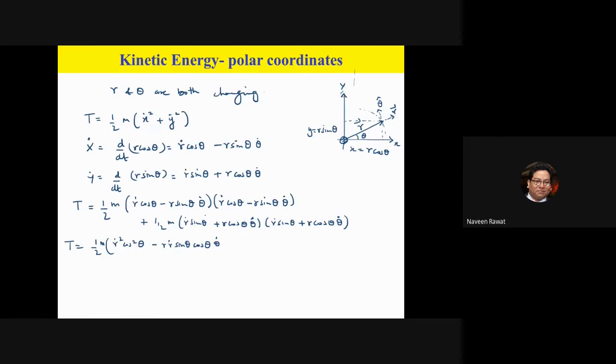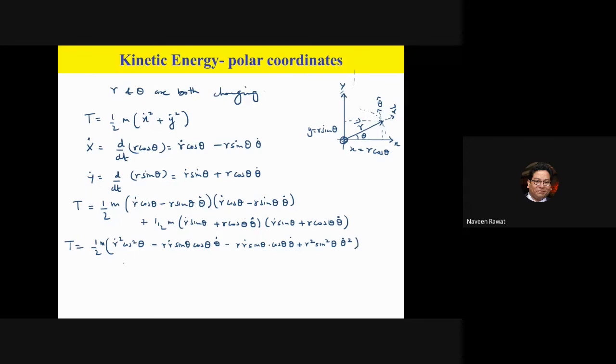Then I have this first term, which is again minus r dot sine theta cosine theta theta dot. This is the multiplication of this and this term, and then I have the last term, which is minus times minus, which will be plus r square sine square theta theta dot square. There you go. So I have multiplied this expression with the two terms and then this expression with the two terms. So I get all these four terms here.